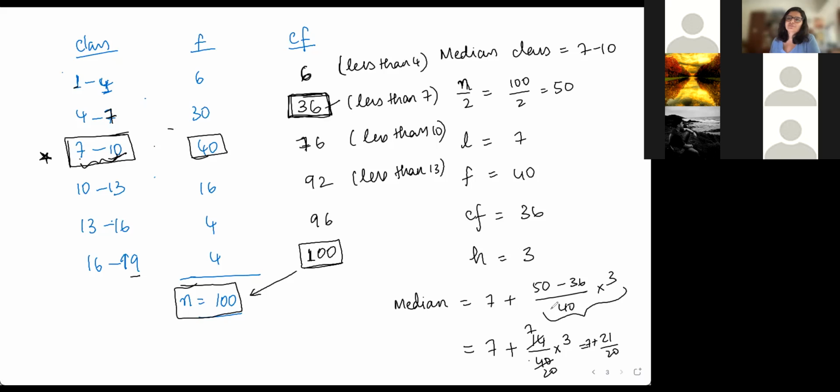Out of these 40, 36 are gone. After 36, you're counting until the 50th observation, and hence you're doing this sort of calculation. So that's why frequency is 40, and your cumulative frequency is the one preceding this one.